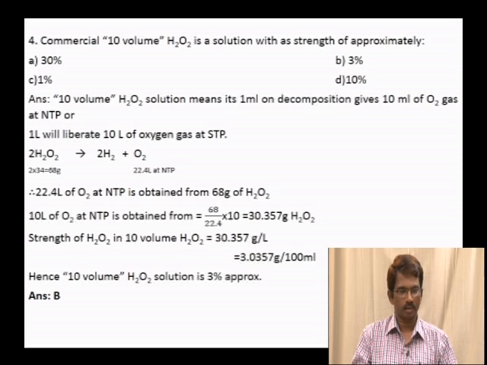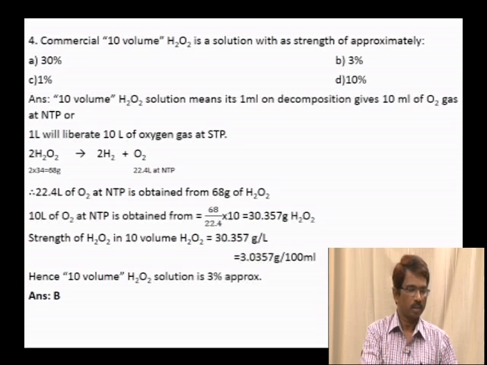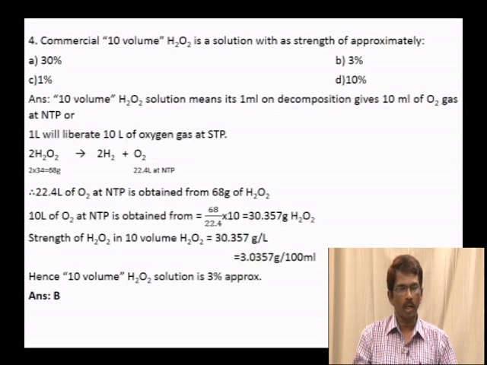gas at STP. So in the equation, 2 moles of H2O2, that is 2 into 34, which is the molar mass of H2O2, equals 68 gram of H2O2, on decomposition gives you 1 mole of oxygen gas at STP. 1 mole of oxygen gas, you know, has a volume of 22.4 liters at STP.